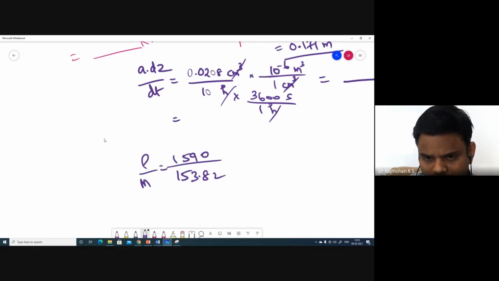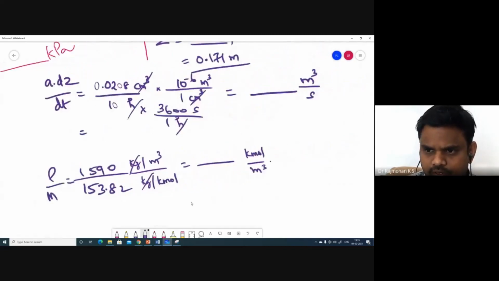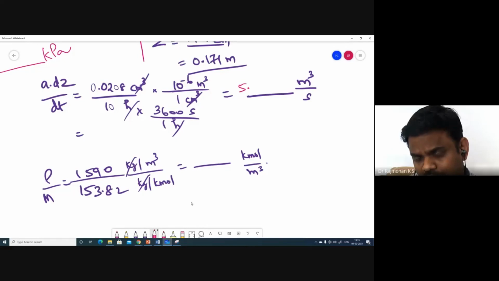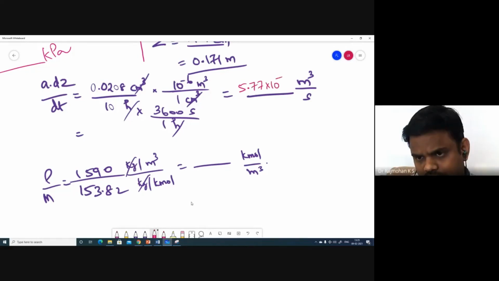We calculated, it is 5.77 into 10 power minus 13.